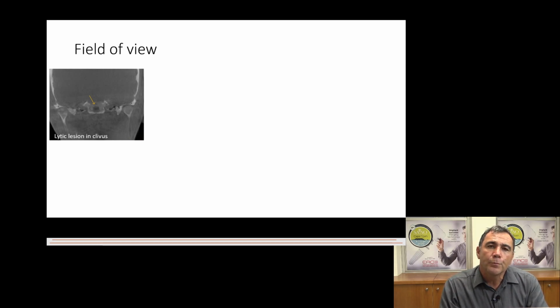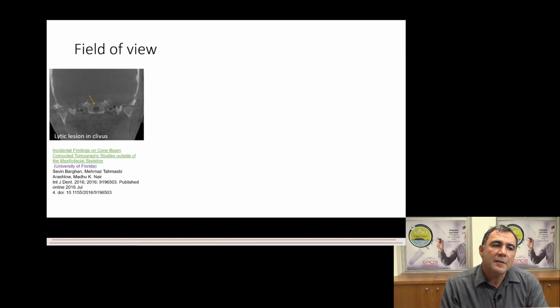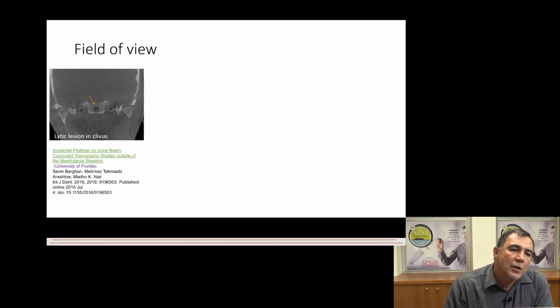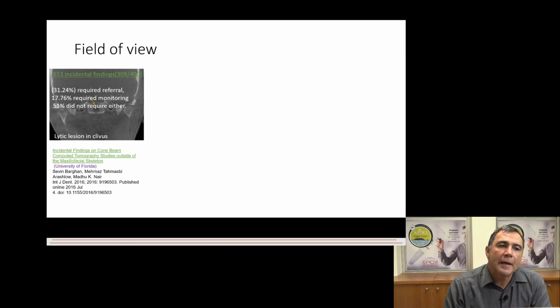The field of view. If you have these huge images every time you take a CBCT, you've got to read all of those cases, because there was a lytic lesion in the clivus. And from the study, which included the findings by the University of Florida, you can see that 653 incidental findings were found in 309 out of 400.